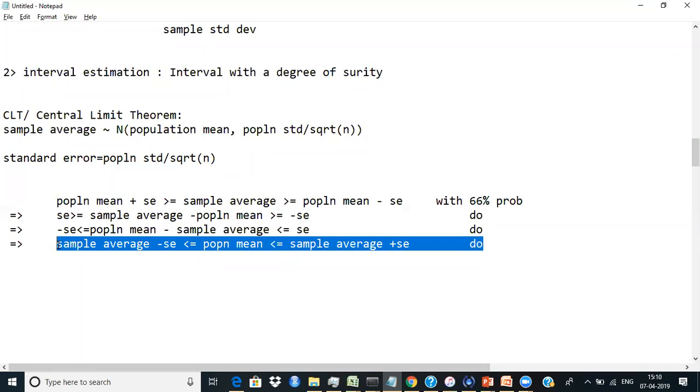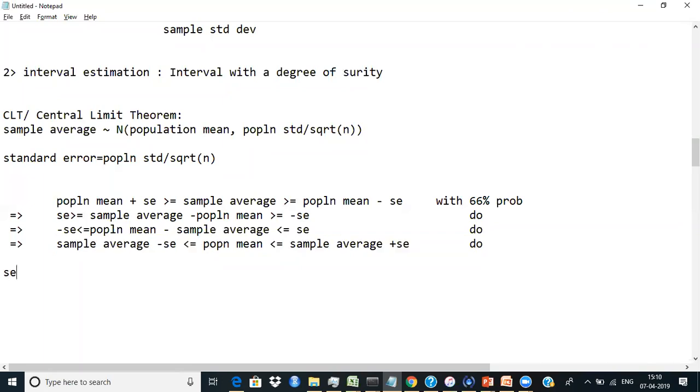Let's say you know the standard error of the population, and let's say it is 10. Now, if I ask you to give me a 66% confidence interval for the population mean, what will you do?